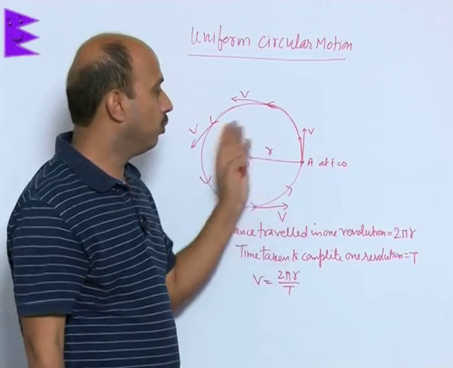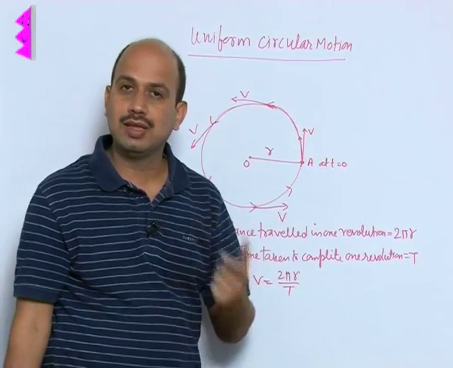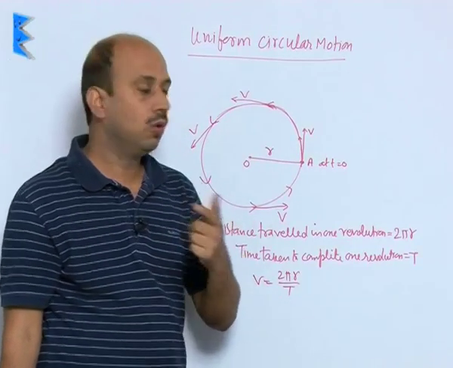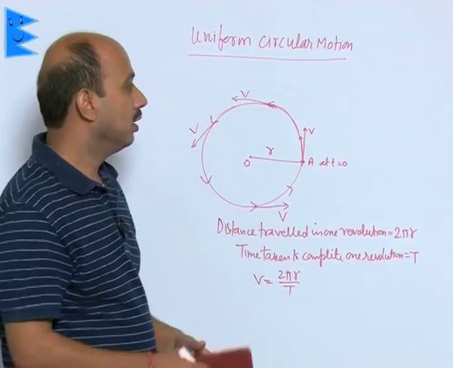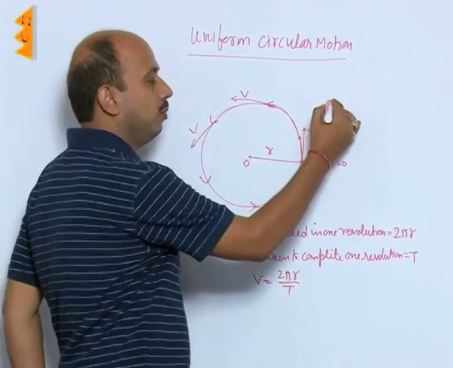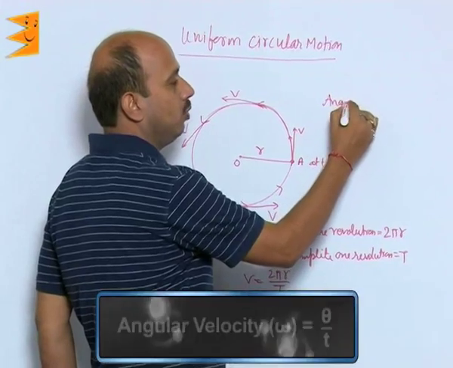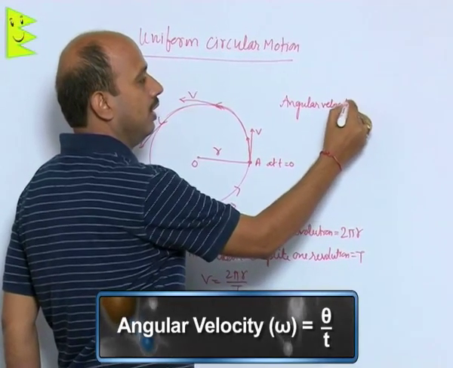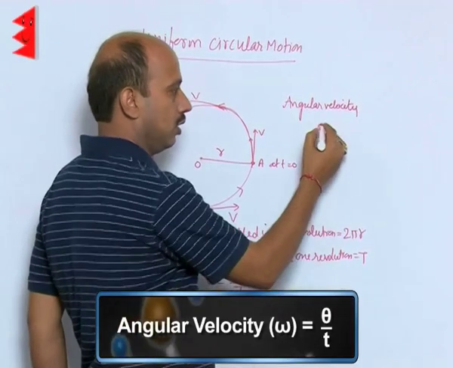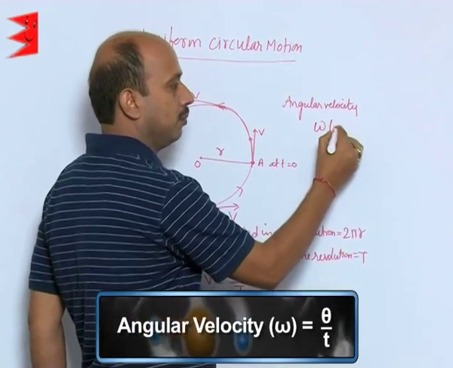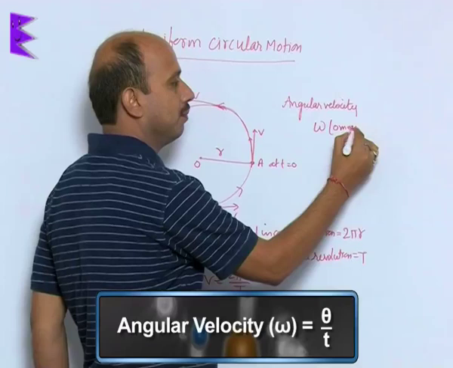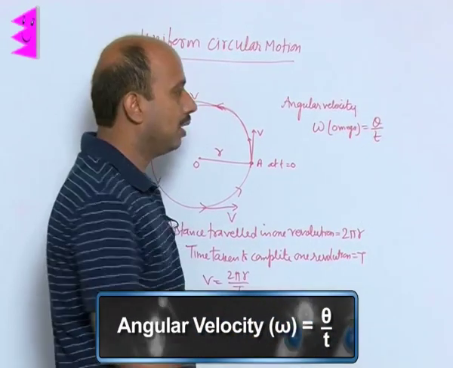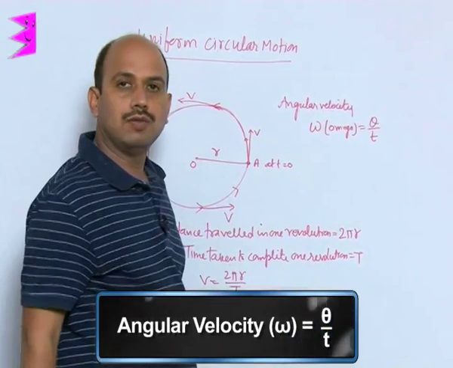But when the body moves in a circular path, it has linear velocity as well as angular velocity. I will just give you information about this. Angular velocity is represented by the symbol omega, and omega is equal to theta by t. Angle upon time is the angular velocity.